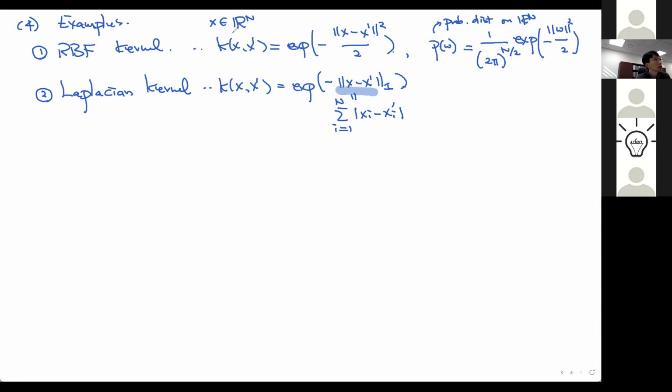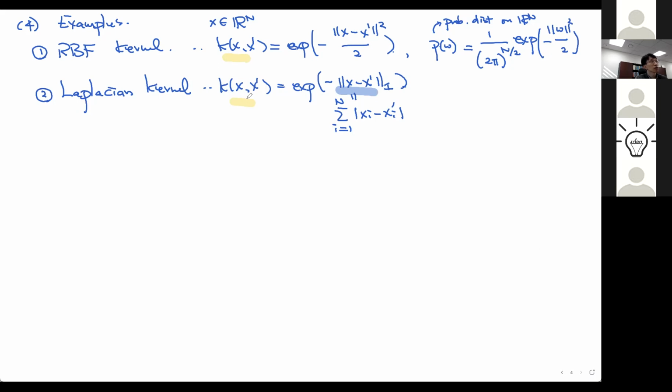And what's the difference? If you compare the one above and the one below, they are really saying that if x and x prime are far away, the value will be very low. If they are close, essentially if they are the same, the value will become 1.